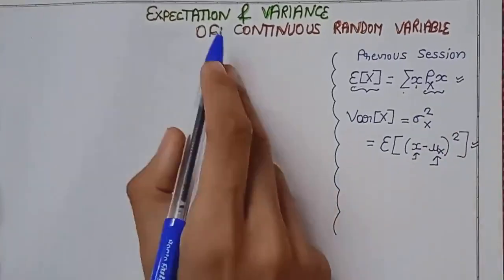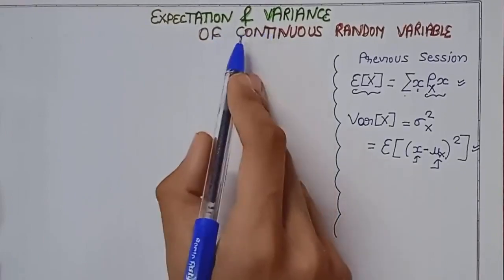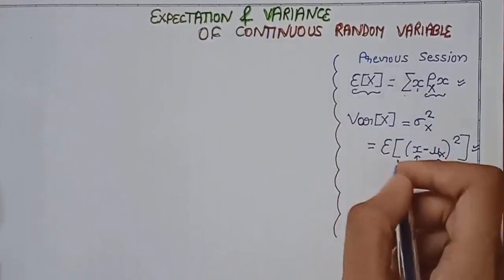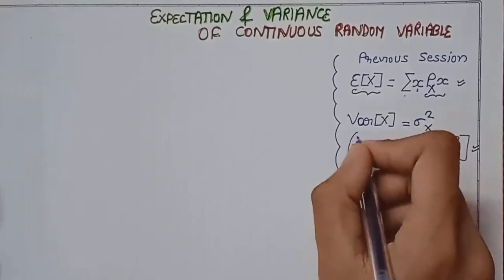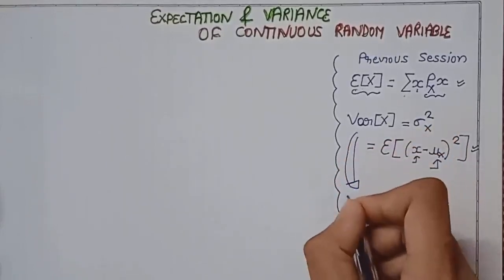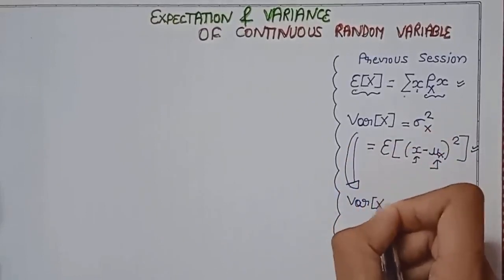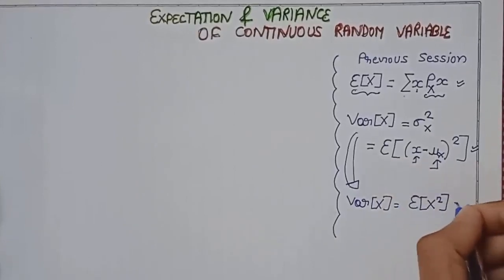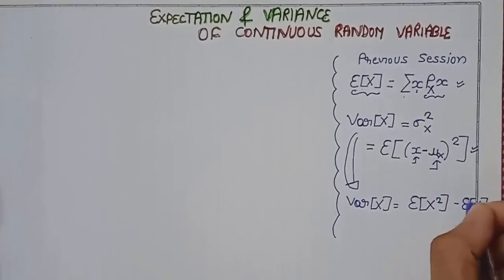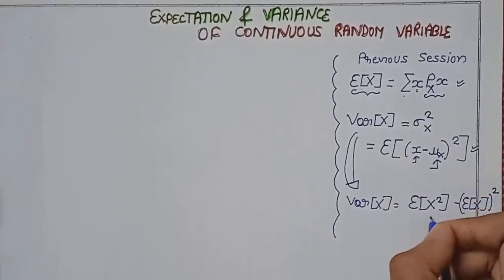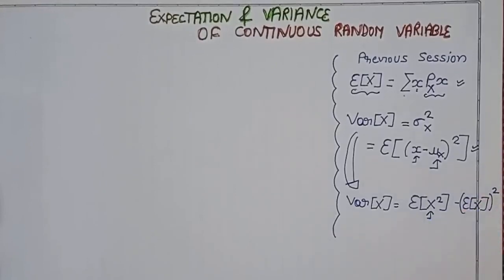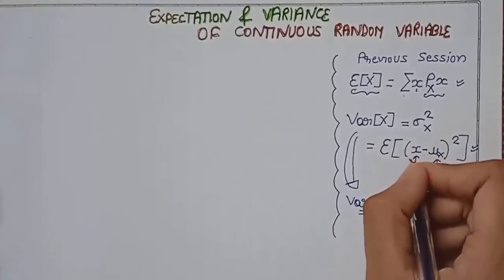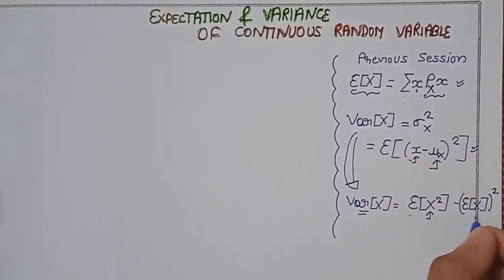In today's session, we will be discussing expectation and variance of continuous random variable, and we will also see that for the variance of the random variable, there is another formula which is equal to expectation of x square minus expectation of x whole square, where this x is a random variable for which we are calculating the variance. We will see that this formula is derived from this formula itself, and this is also useful in some of the questions instead of this formula.